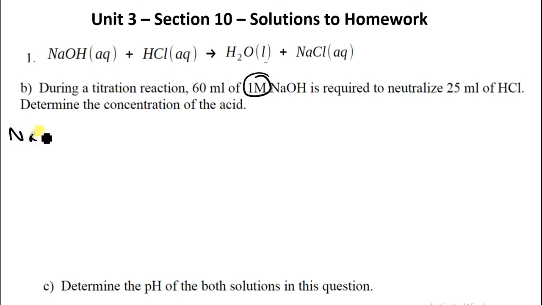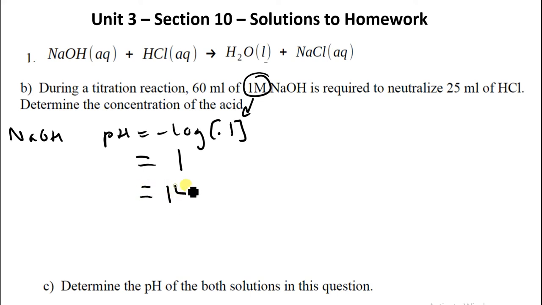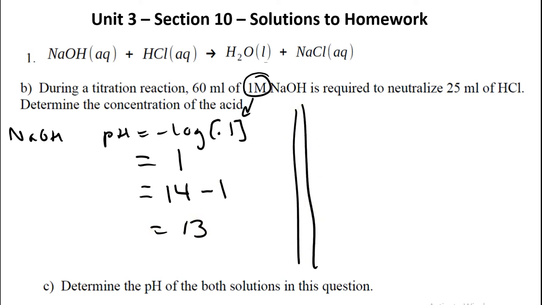So for NaOH, we're going to take our negative log of that molarity, 0.1, and we get an answer there. I think we should get an answer of 1. And we ask ourselves, does that fall into the basic range? Of course it doesn't. In which case we need to go 14 minus our answer, so 14 minus 1 gives us 13, and that definitely falls into the basic range.